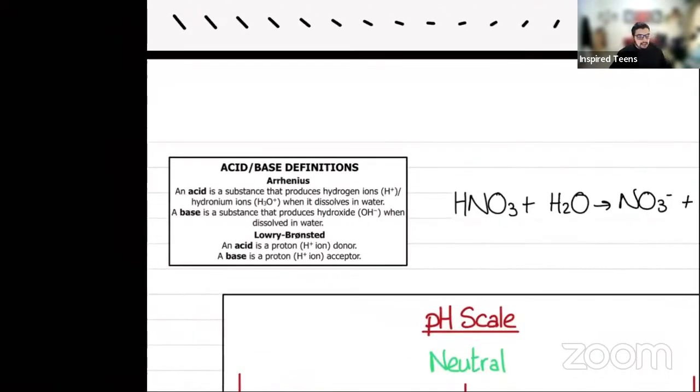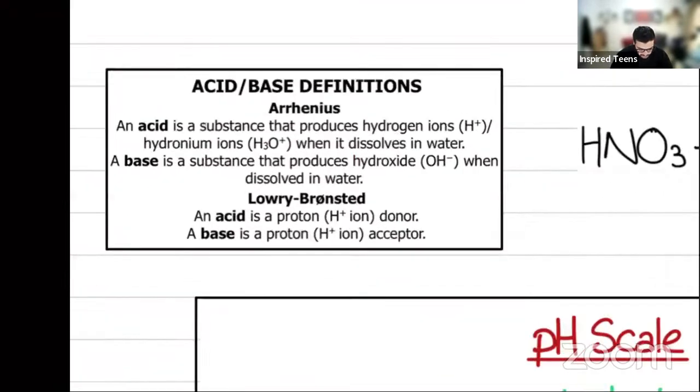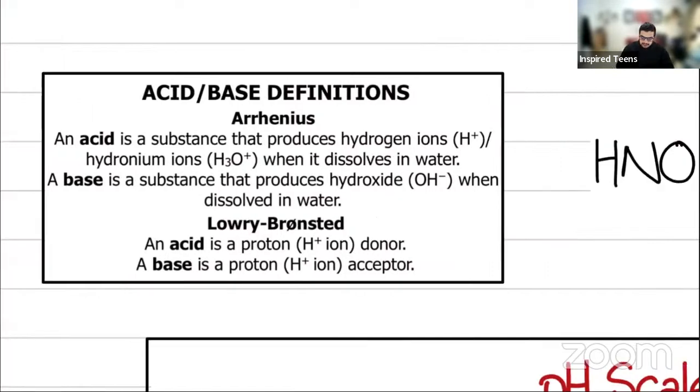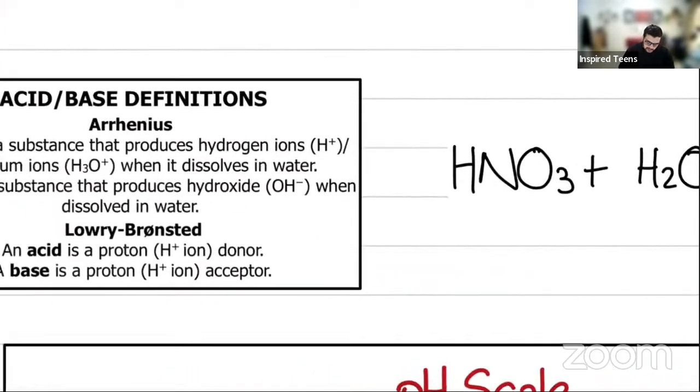So, acid and base definitions. There are two different acid and base definitions that we need to know. One is from Arrhenius's theory, and the other is from the Lowry-Bronsted theory. The first one we're going to discuss is the Lowry-Bronsted theory. We're just going to read it and then try to understand it in terms of this reaction.